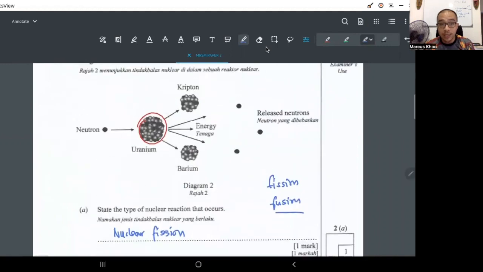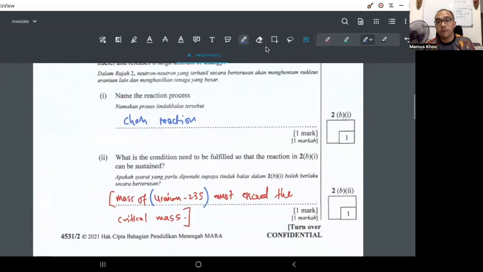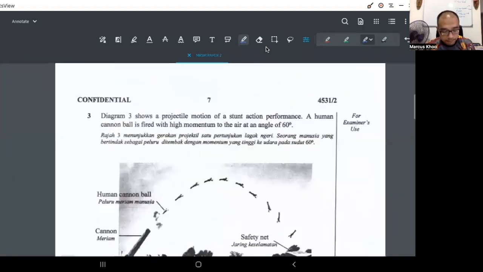In this case, we are using uranium-235, but maybe we can be using another nuclear material. It can be thorium. So make sure that you get the concept. The concept is that the mass of whatever material we use must exceed the critical mass. If it is less, chain reaction cannot happen. That's the key to this.